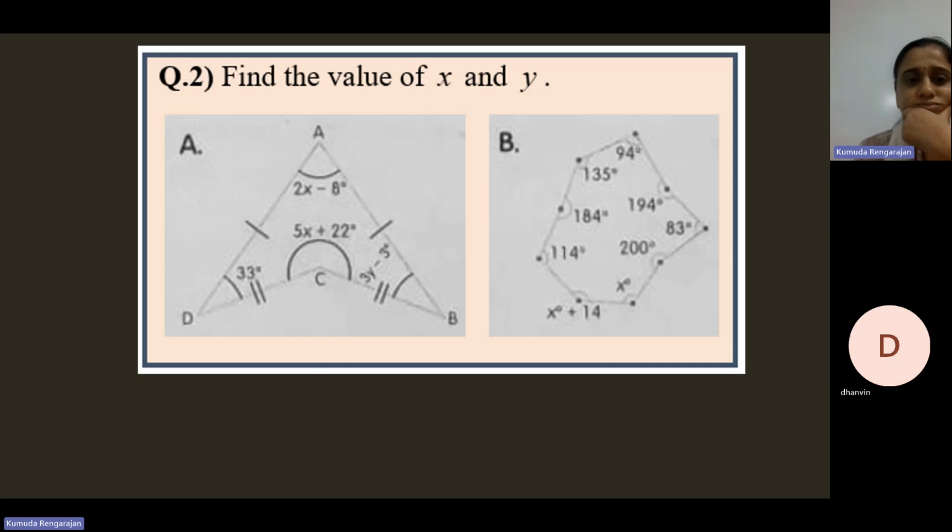Yeah, you can use it. Like 5x plus 2, and then 3 will multiply with 5. First draw the diagram.